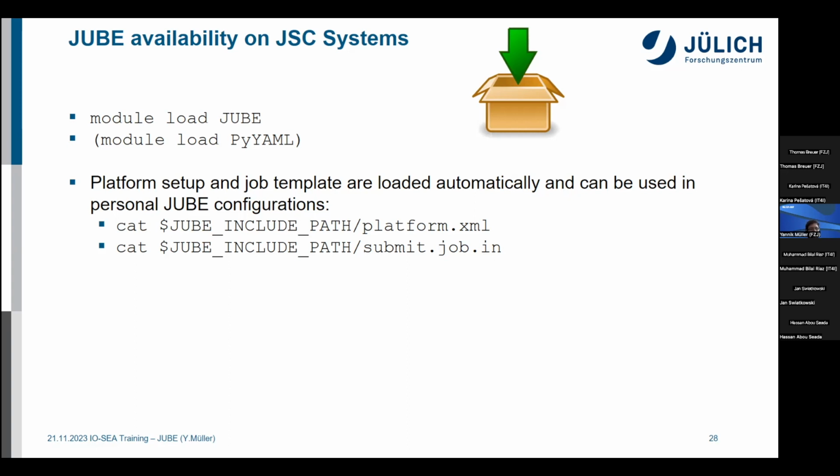Numerical deviations, again, this is something you have to make sure that your application is printing information like this in the log file, and then you can include this into your JUBE result table. You could also, if you want to be really strict, add another step.